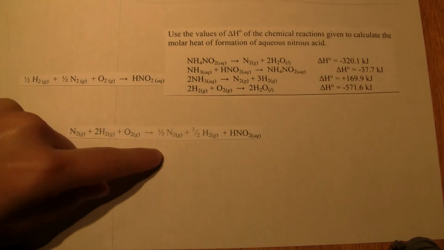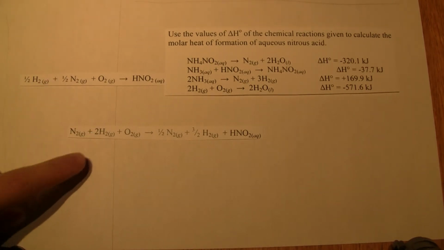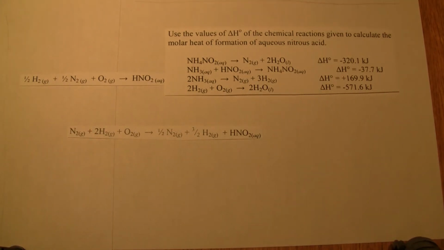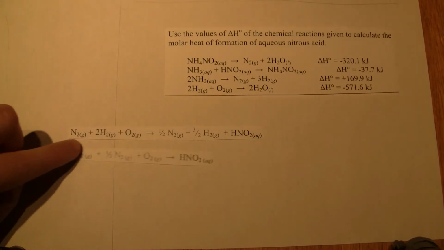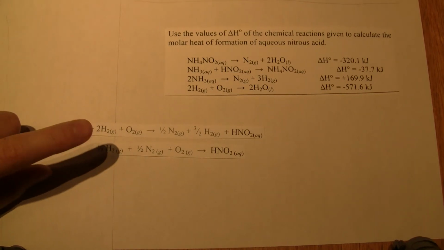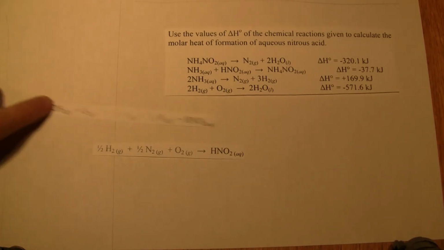So because 1 minus 1/2 is 1/2, this is how we get the 1/2 N2. And then the same thing happens with the H2, 2 moles of H2. When you subtract 1.5 moles, we also get half a mole of H2. So there we go. This equation becomes the new equation, and we have the original equation that we were aiming for. And so this step doesn't have to do with anything with the enthalpies. So this is unimportant now.